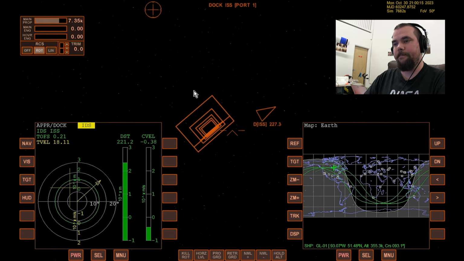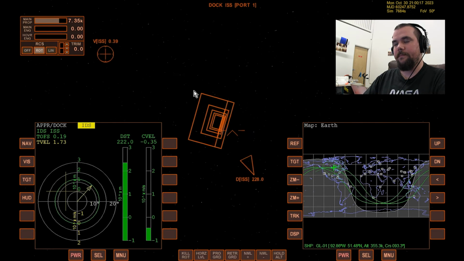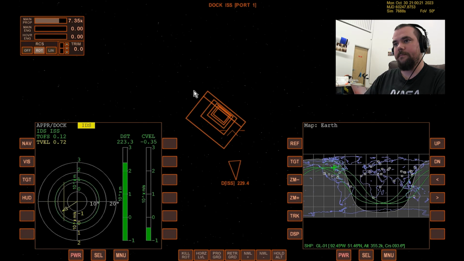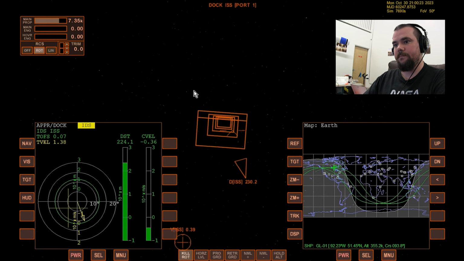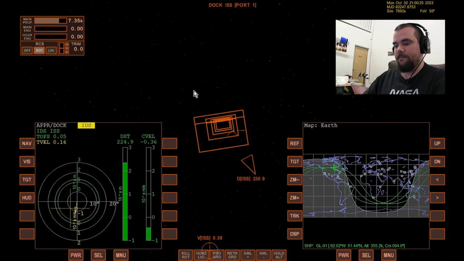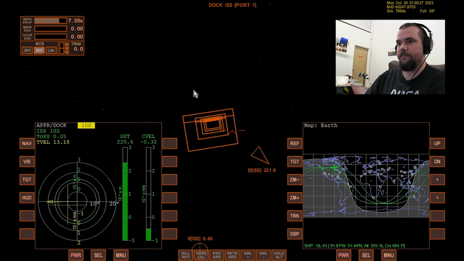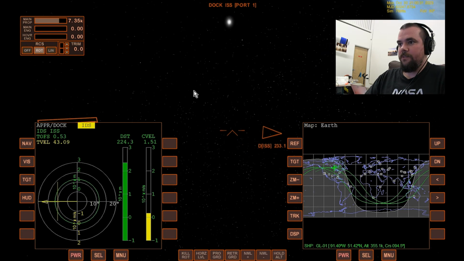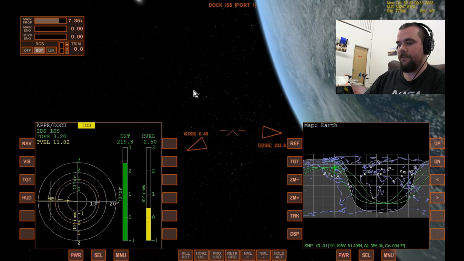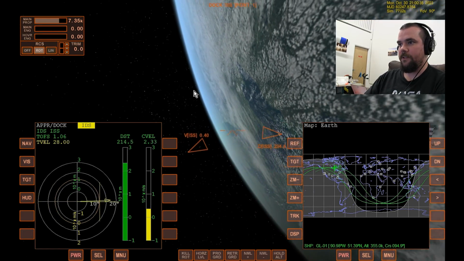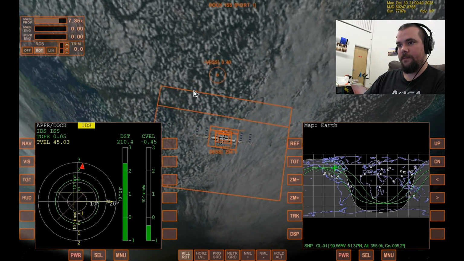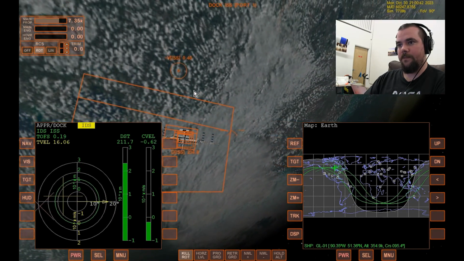Okay. No, that's the wrong direction. Problem is I'm zoomed in too far. Usually I do this pretty far zoomed out for exactly this reason. You kind of get spinning around and you lose track of where you are. There we go.